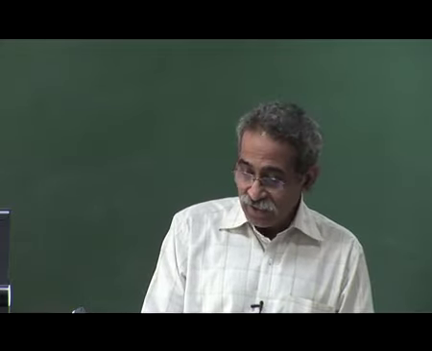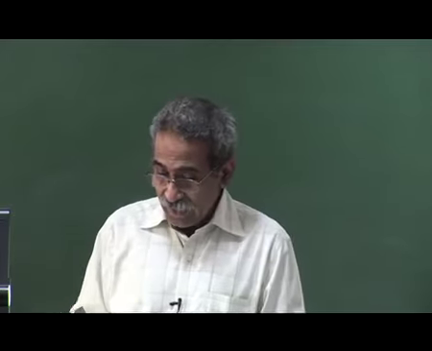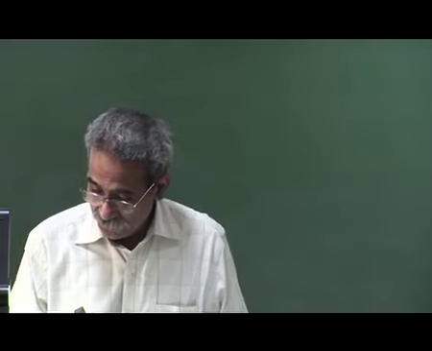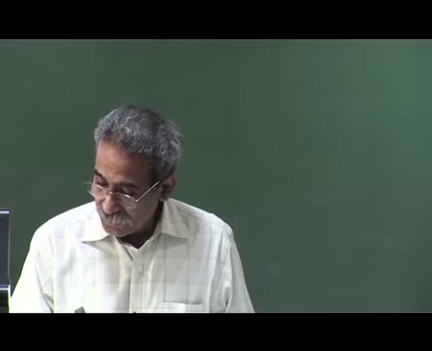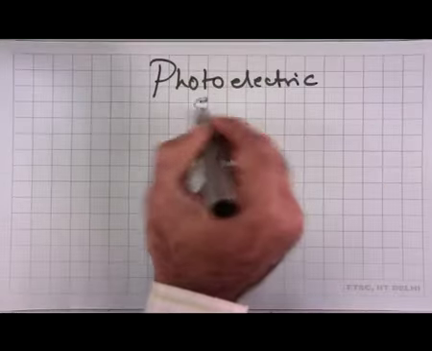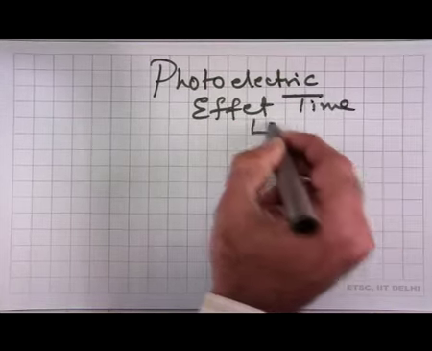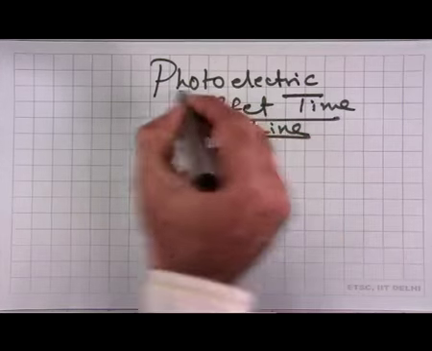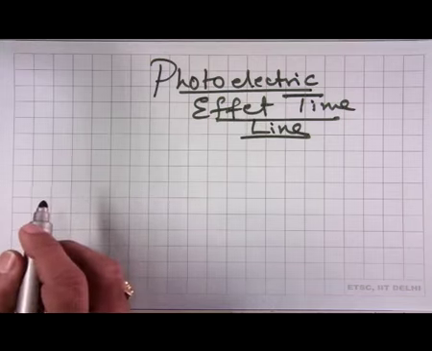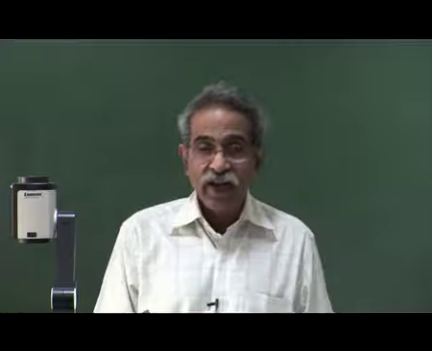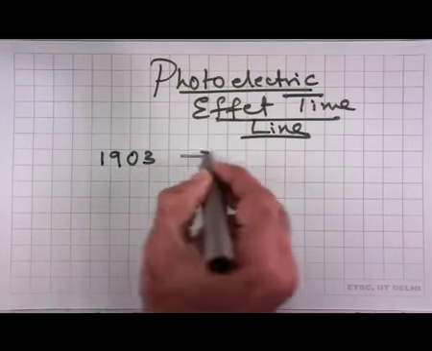One thing that we have to remember is that the paper on the photoelectric effect was written by Einstein in 1905. So let me spend some time on the timeline. We know Hertz started his experiments sometime in the late 1880s and 1890s, and the experiments of Lenard went on till 1903.